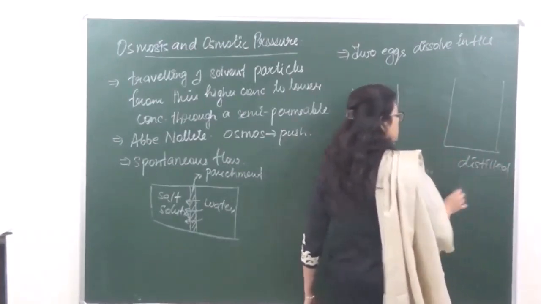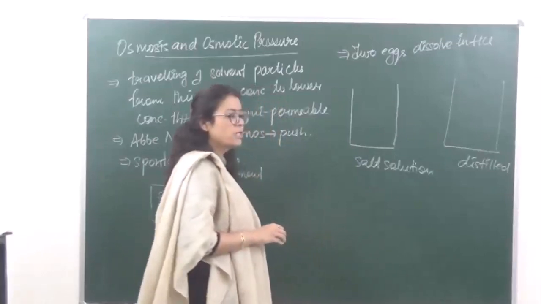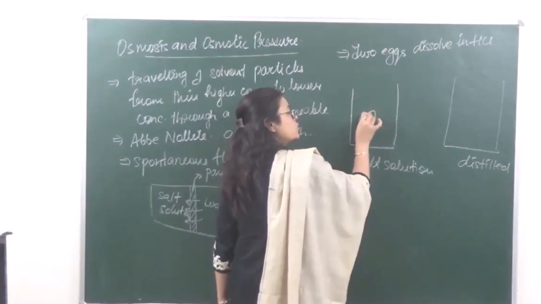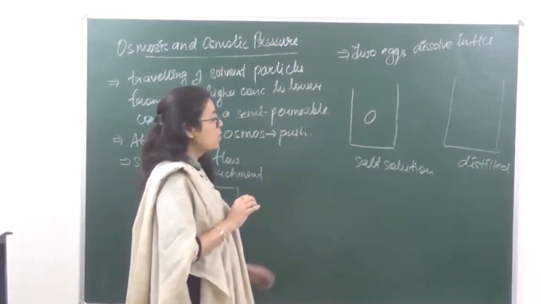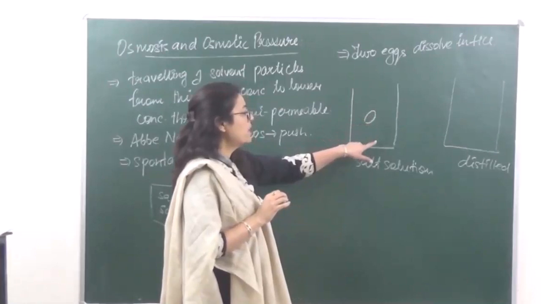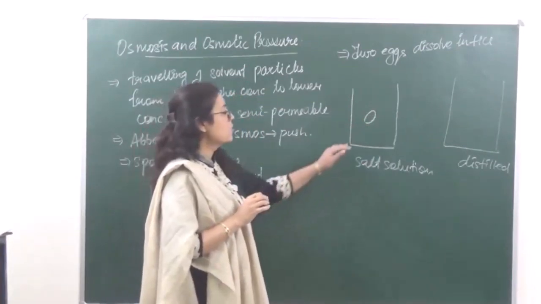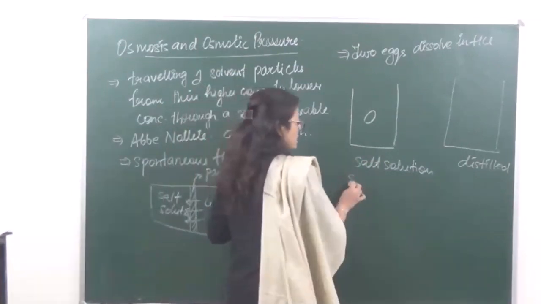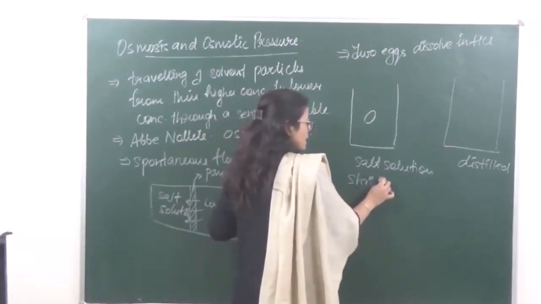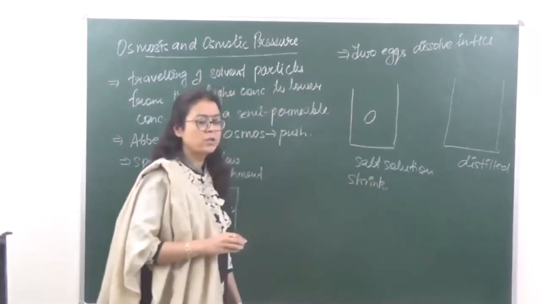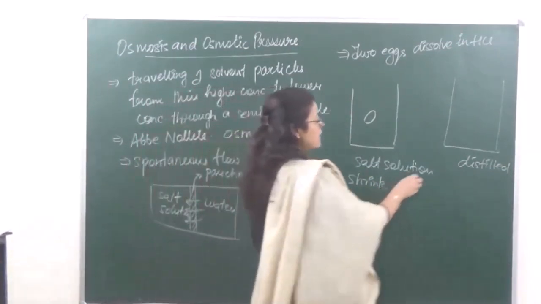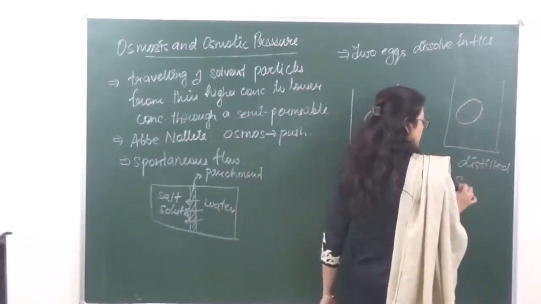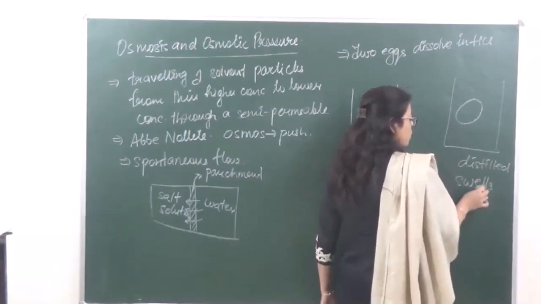Now we know that the concentration in the salt solution outside is more, as a result of which the size of the egg shrinks. Why? Because water will flow from the egg towards outside as the concentration of the salt is more outside. So in this case the size of the egg is going to shrink. Whereas when we keep it in distilled water, the egg swells up. Why does the egg swell up over here?